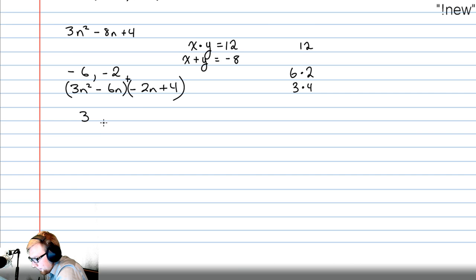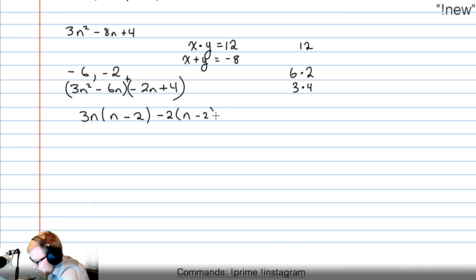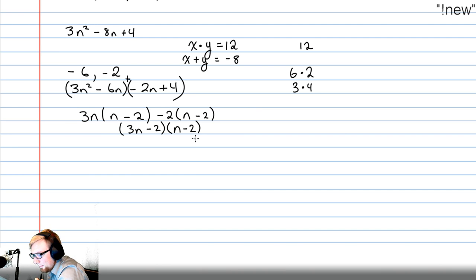So you have 3n and then n minus 2. Then you have -2, and then n minus 2. Good. And then your final? 3n minus 2 and n minus 2. Perfect.